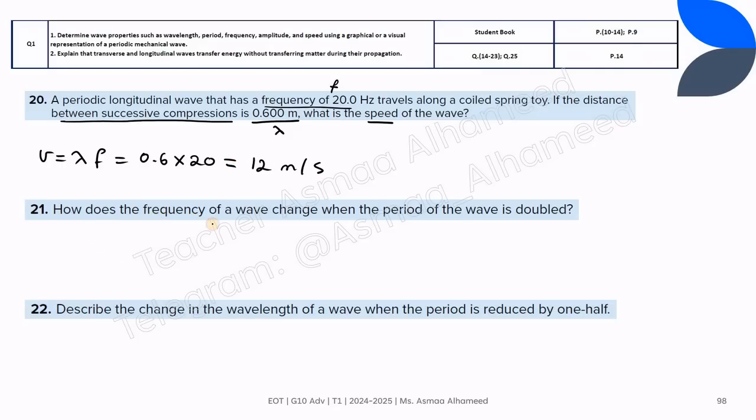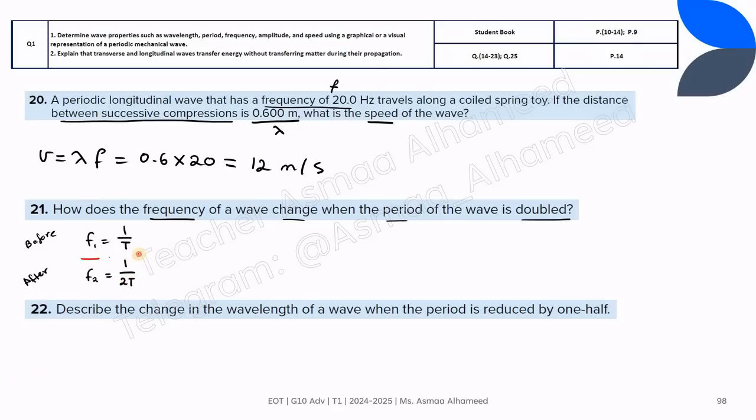Here we have, how does the frequency of a wave change when the period of the wave is doubled? So we start with before and after. So here we have F1 is equal to 1 over T. Now F2 will be when you get the period to be double, so it will be 2 times the period.